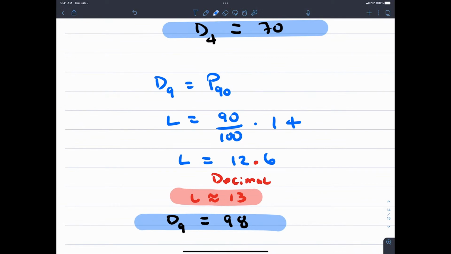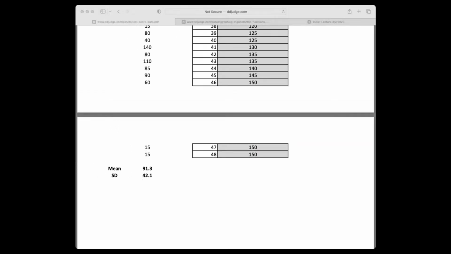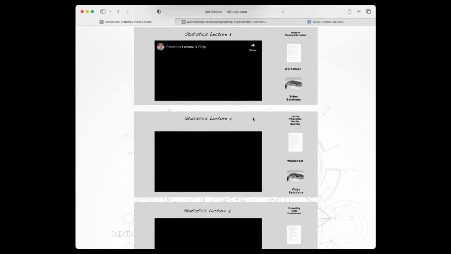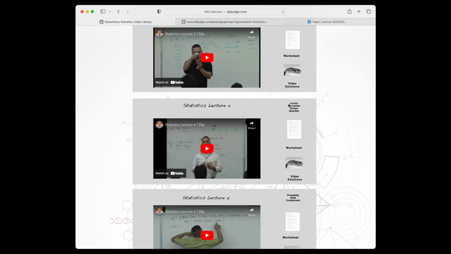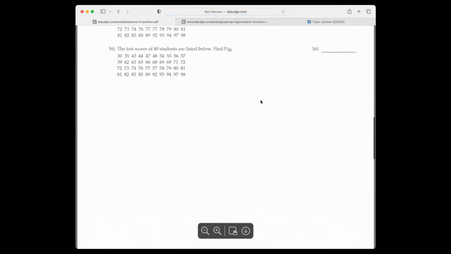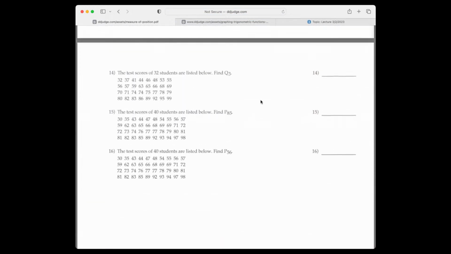So, ladies and gentlemen, what do you guys think? Are you better able, because if I go back here to the website, and I got to scroll out. Remember this, we're going to this website here, and this is relative position. Notice this, Statistics Lecture 4, this worksheet is about everything we've been talking about. Q3, P85, P56.